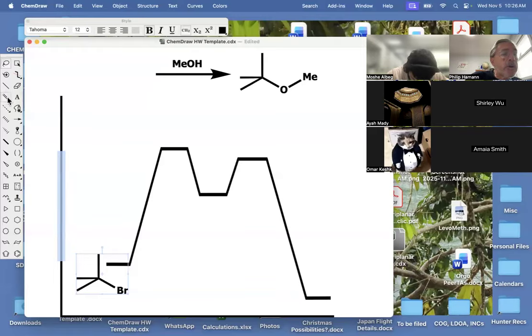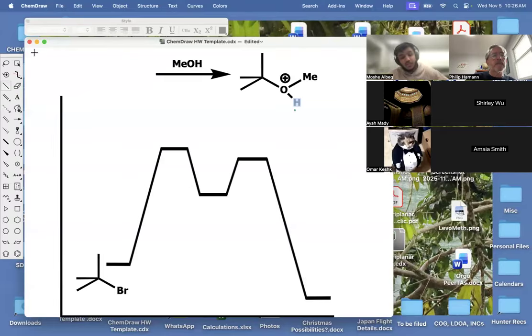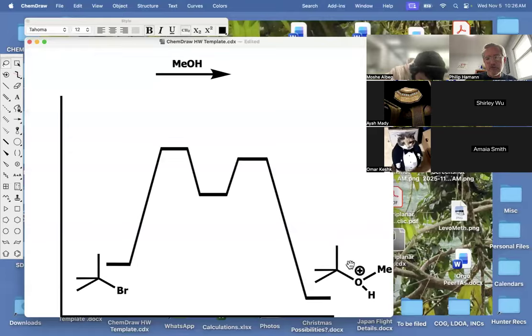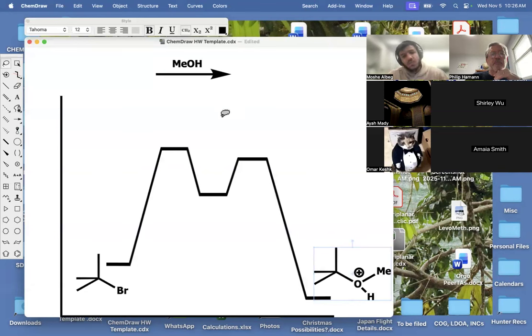And I am going to stop at the product that still has that hydrogen attached. So let me show it explicitly. Okay, just to save complications, it's just easier to stop there. Okay, and we don't need any of this. Or maybe I should have left it there.